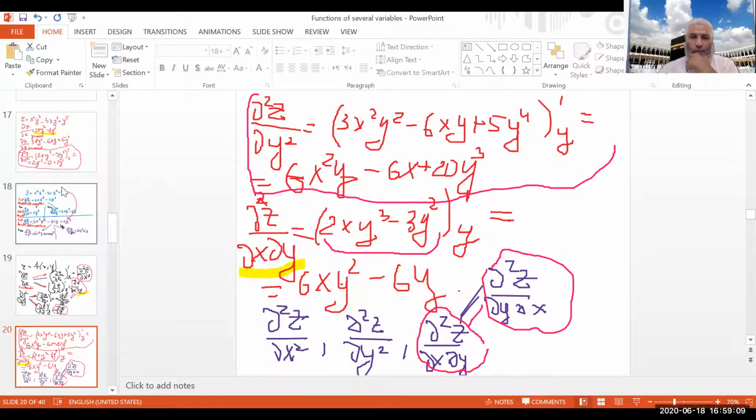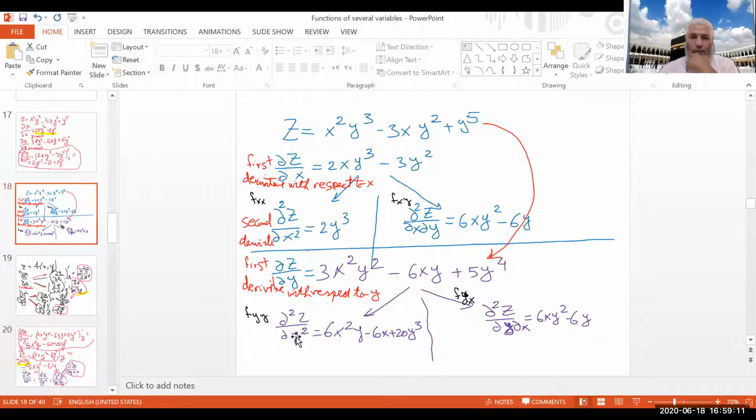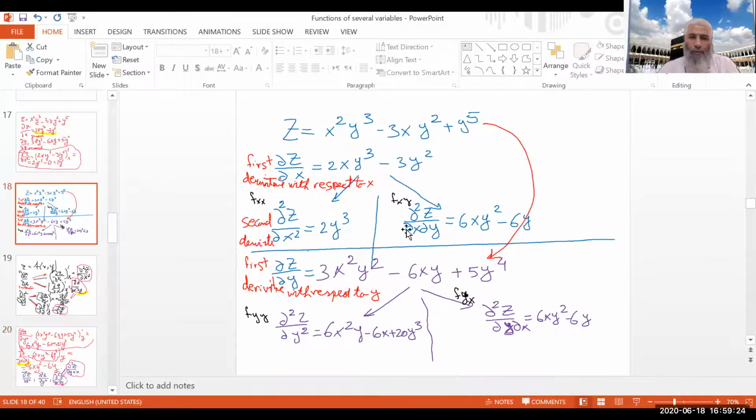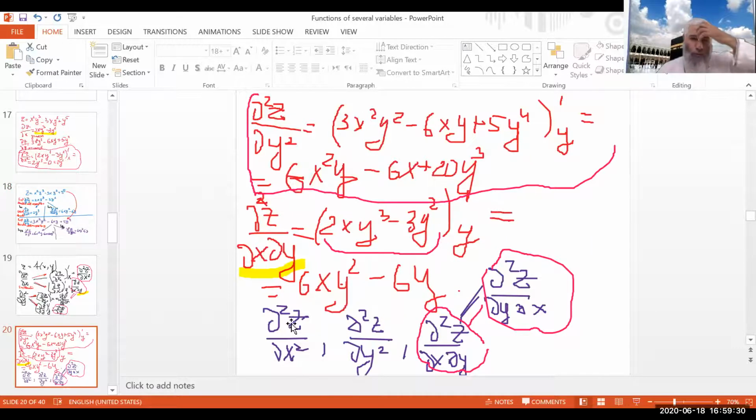This one is this one, right? Yes, right. This is our solution, and this is his solution. And now, d2z dx dy, and we did it. 6xy squared minus xy. Right? Where is it? This one. 6xy squared minus xy. Right? And d2z divided dx squared. We did this. Yes, right.